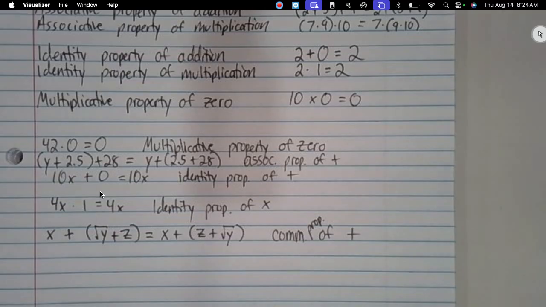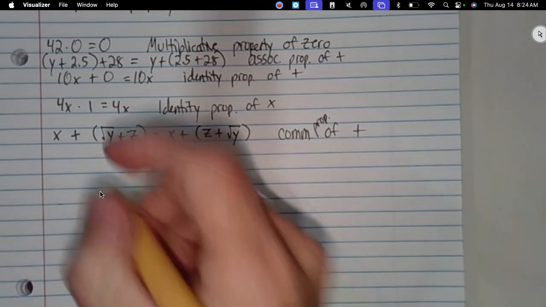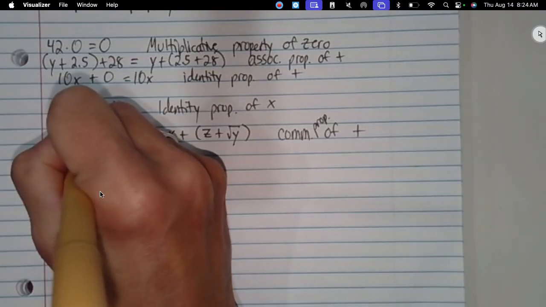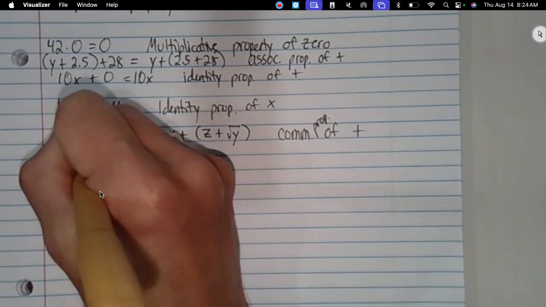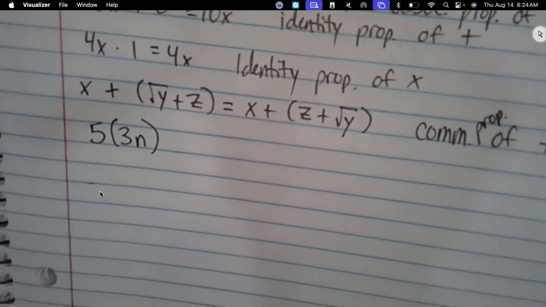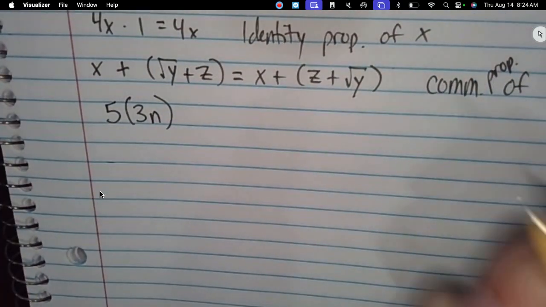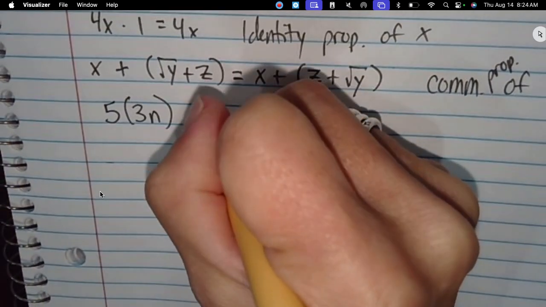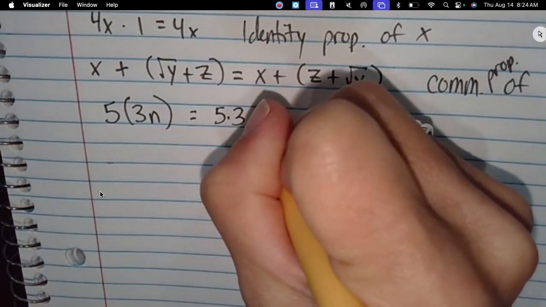This next one says to simplify. Okay, so a little step away from this. What if I have 5 times 3n? Basically what they're saying is, with these properties, another way to write it is 5 times 3 and then n.